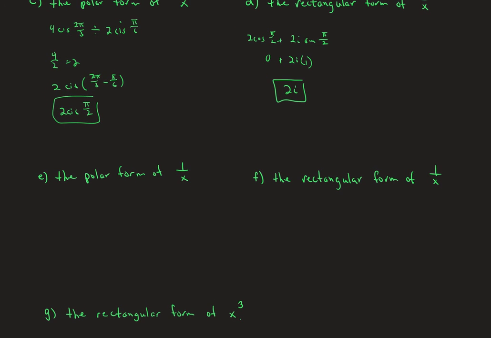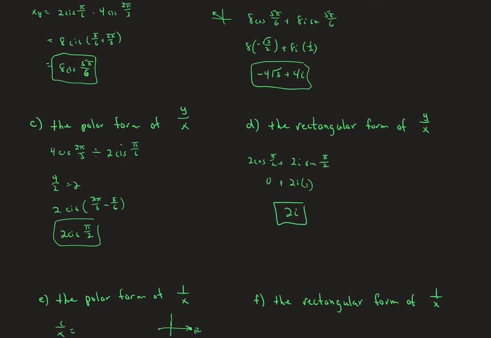And now we're going to do 1 over x. So we want to think of 1 in polar form. So 1 is going to be right here on the real axis. So the angle is 0 and the r is 1. So that's going to be 1 cis 0 divided by, and our x was, I think, the 2 cis pi over 6, I believe.